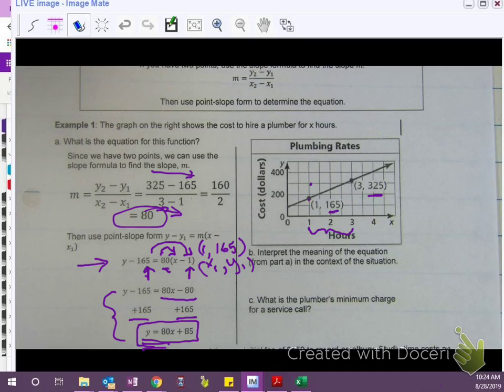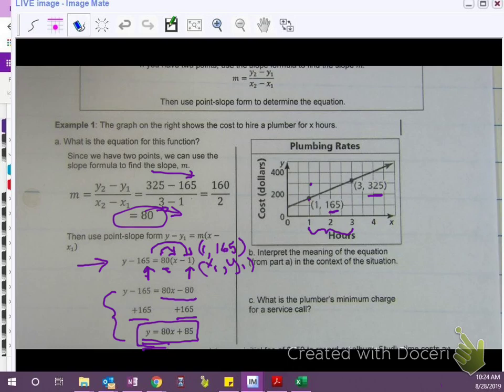Yesterday, people were starting to argue it's 85, no, it's 165. But here's the thing. Whichever answer you put, if you justify it, if your justification matches what you said, I will not count that wrong. Here's why. His minimum charge, his fee to come to your house is $85. But is he going to drive out to your house and you're going to hand him $85 and he's going to turn around and leave?